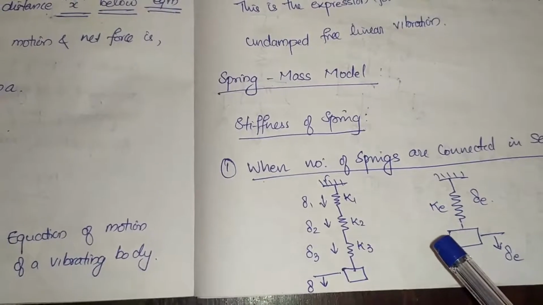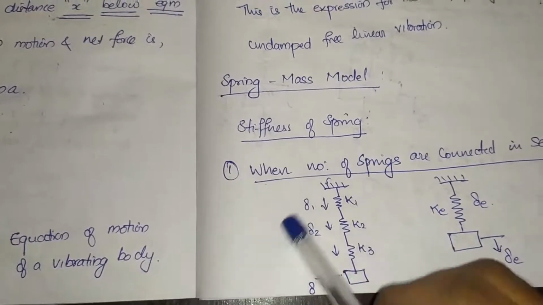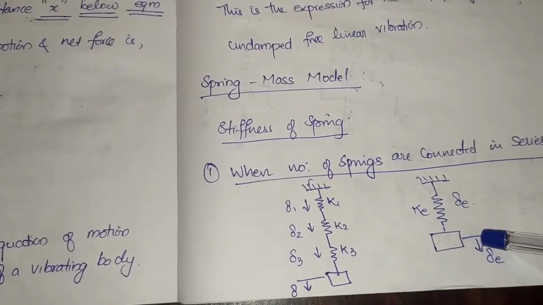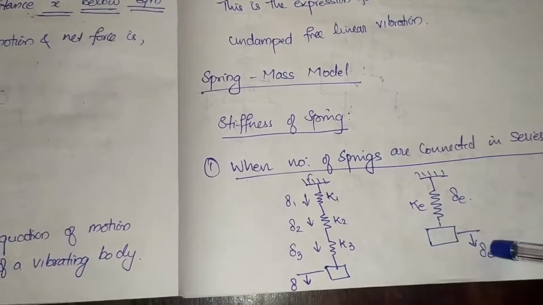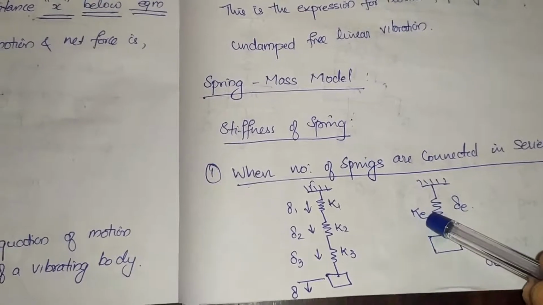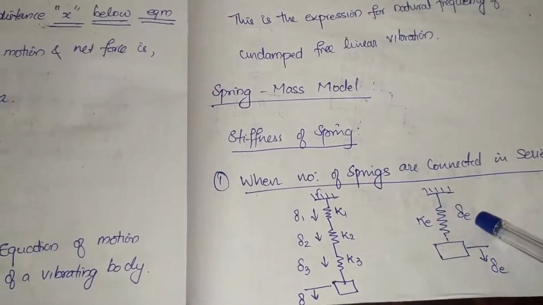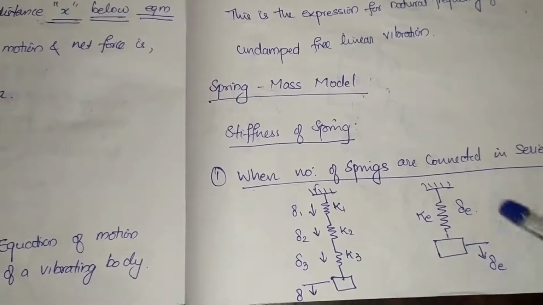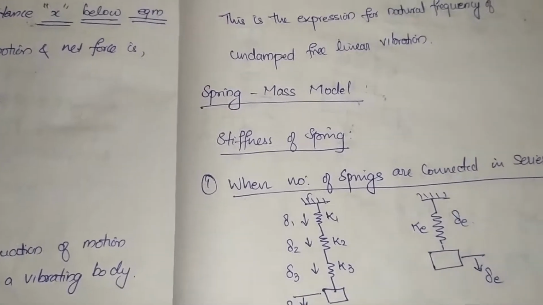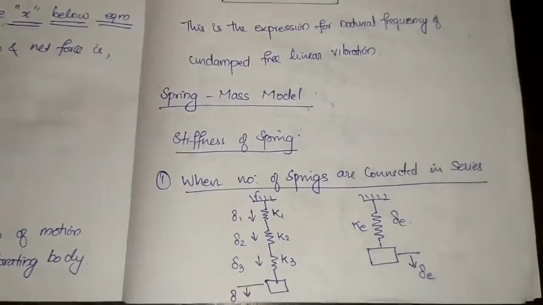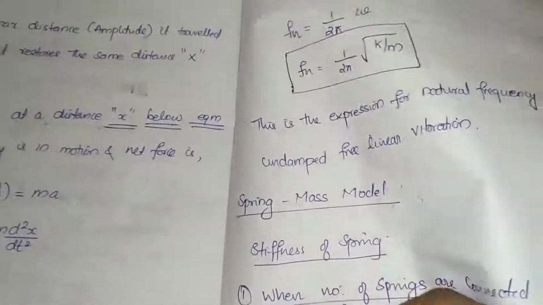K2, K3. So as a whole, if we consider the total displacement of this system is delta E and the total stiffness is Ke. We need to find out this effective stiffness Ke.